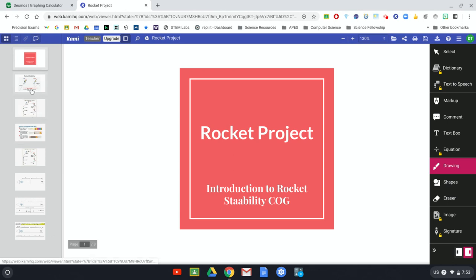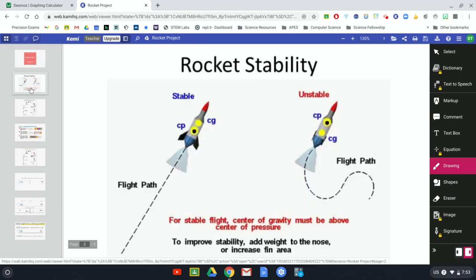To get us started, there was a video in this assignment that gave you an introduction to rocket stability overall. But the big takeaway from that video is that a rocket, in order to have a stable flight path, needs to have its center of gravity above the center of pressure. We'll talk about the center of pressure separately.